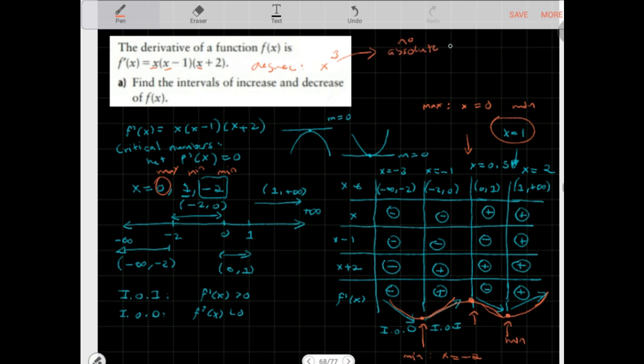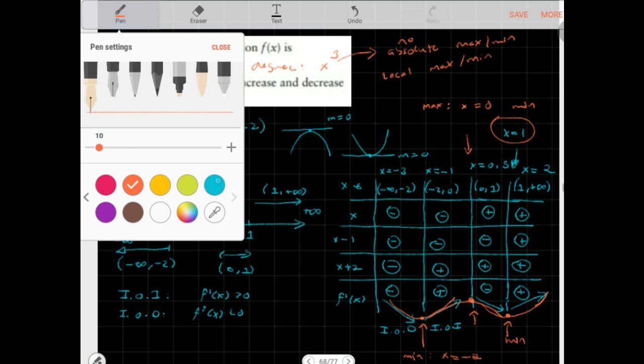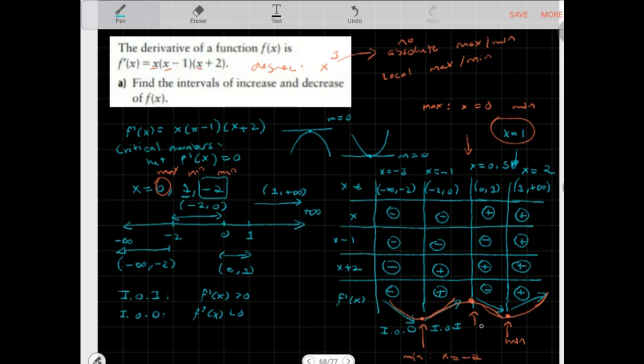There is no absolute max or minimum points, but there will be local maximum and minimum points. Now in this case, we just wanted to find intervals of increase and decrease, but I thought I'd extend this discussion to look further at maximum and minimum points, which we will continue to explore later on.